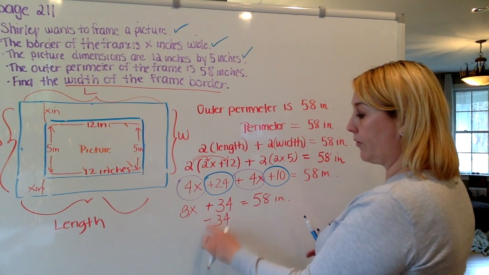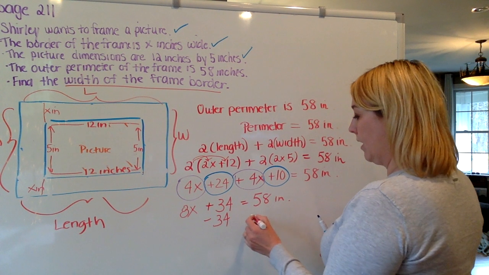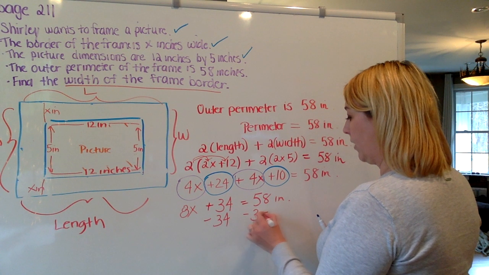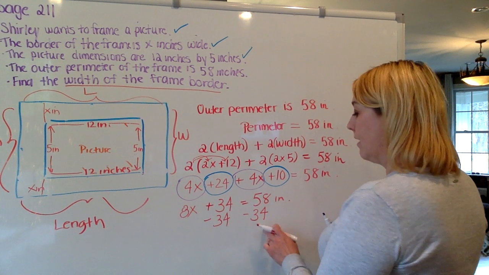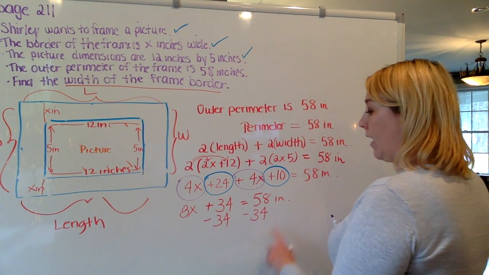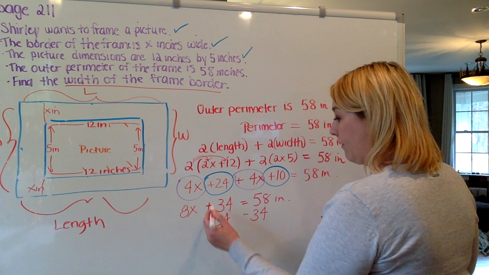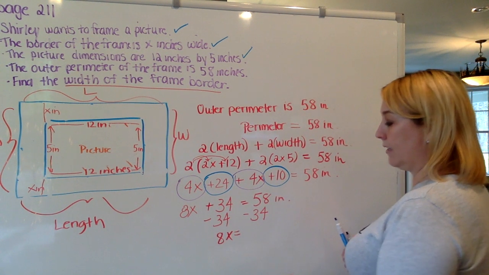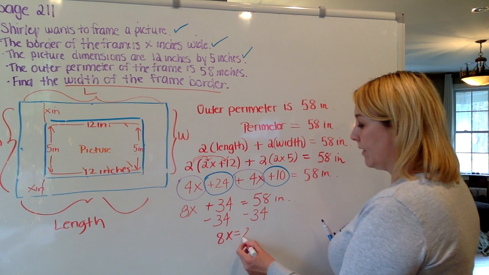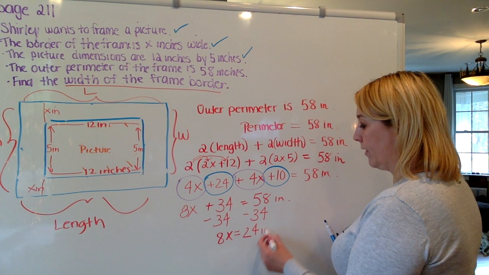The way to get rid of 34 is to subtract 34. So if I subtract 34 from the left of the equal sign, I need to subtract 34 from the right of the equal sign. So now I've isolated, I've got 8x equals 58 minus 34 is 24 inches.